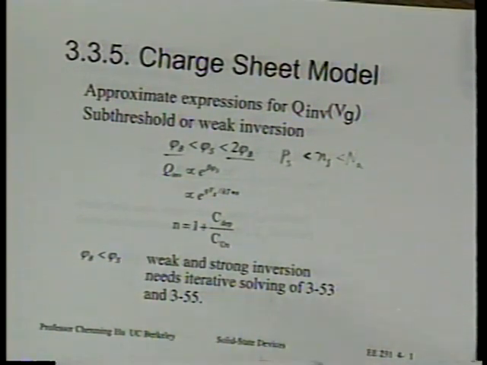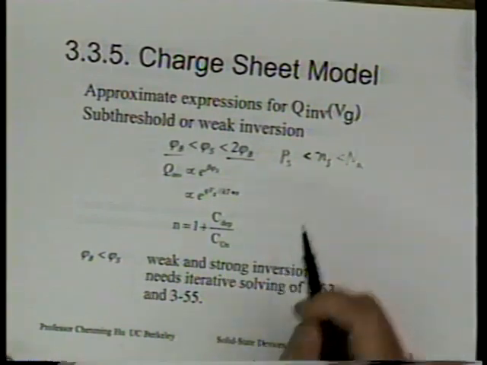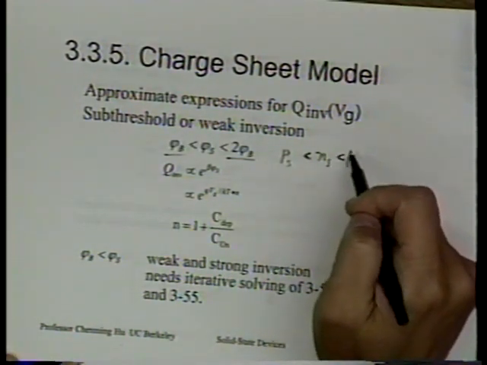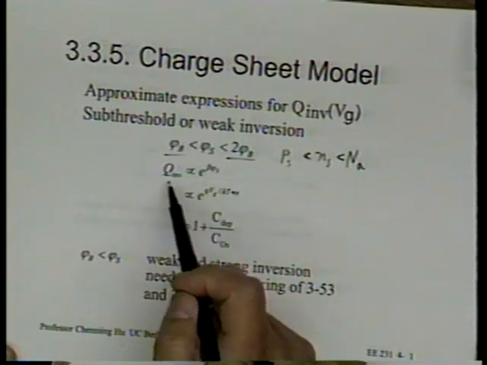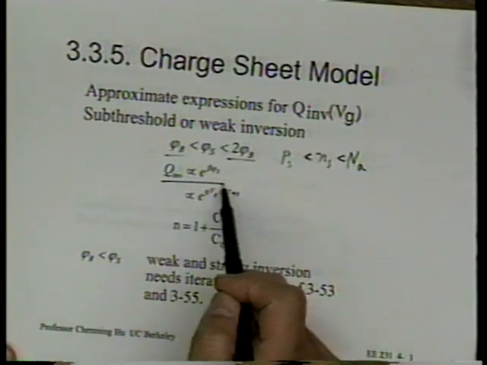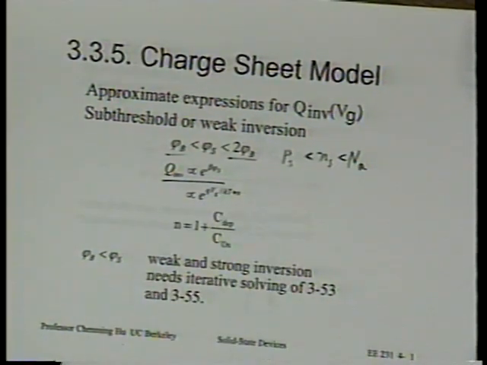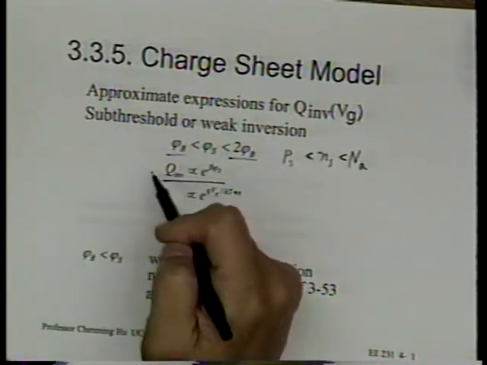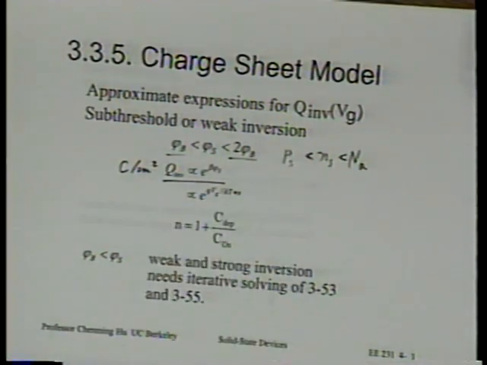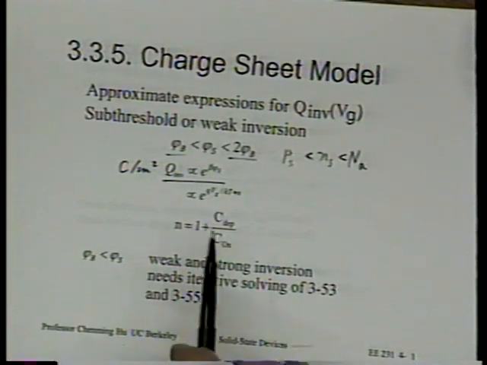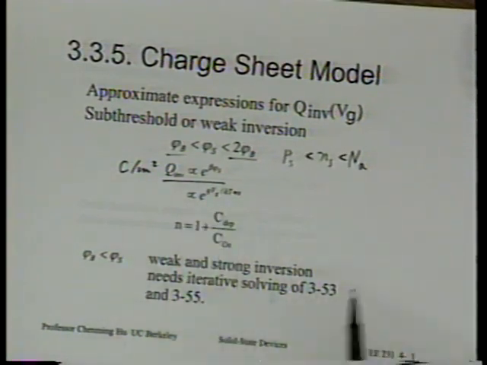If we limit ourselves to this weak inversion region, then we arrive at several simple relationships, and it's important to remember this. That is the inversion charge density. It has the units of Coulomb per centimeter squared, not centimeter cubed, but centimeter squared, and is proportional to exponential beta phi s.